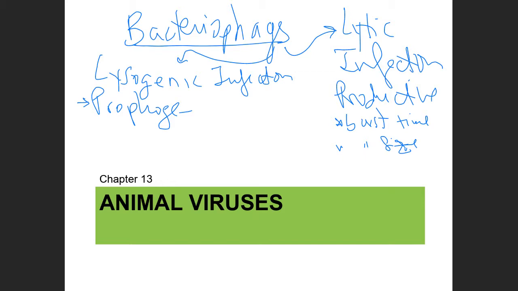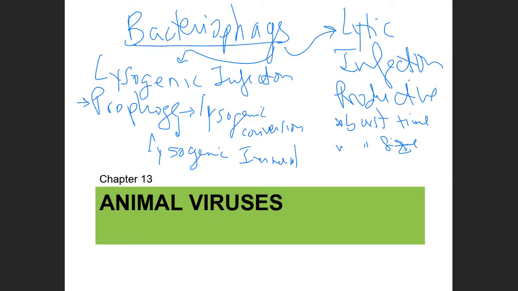This led to lysogenic conversion, and it could also lead to lysogenic immunity, so that the bacteria could not be infected by the same virus while infected with a particular one.